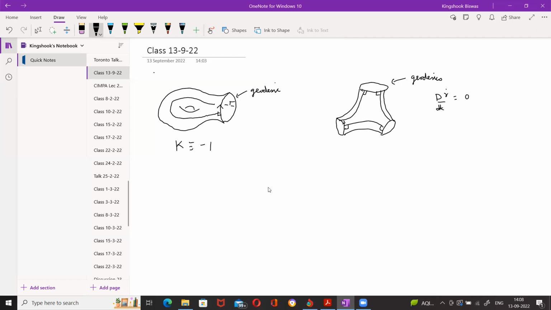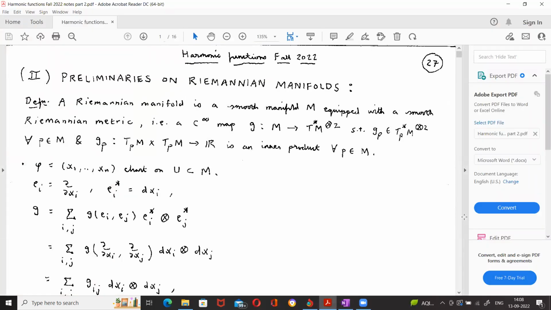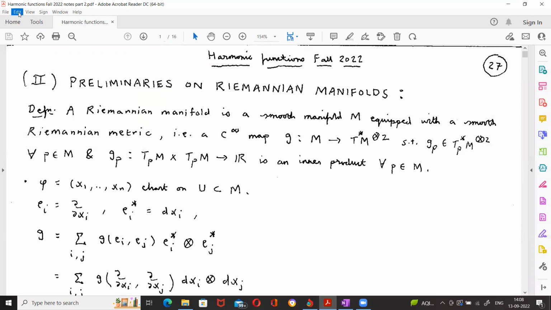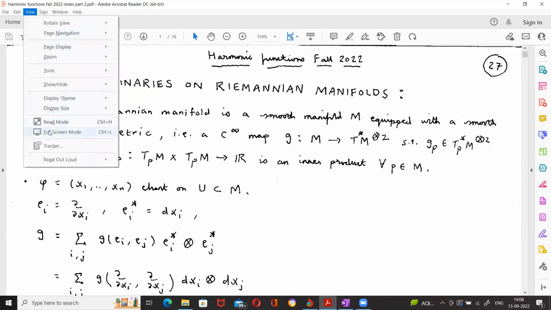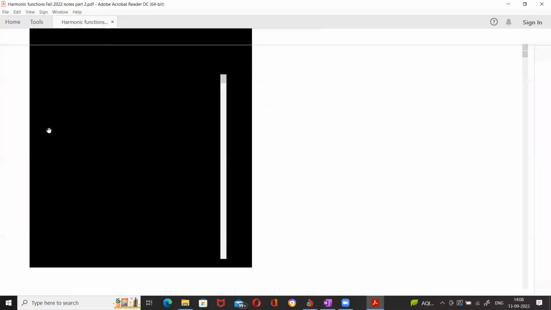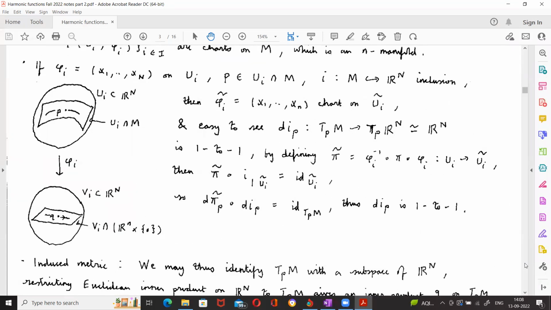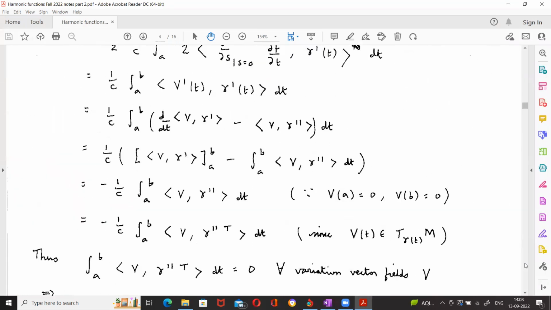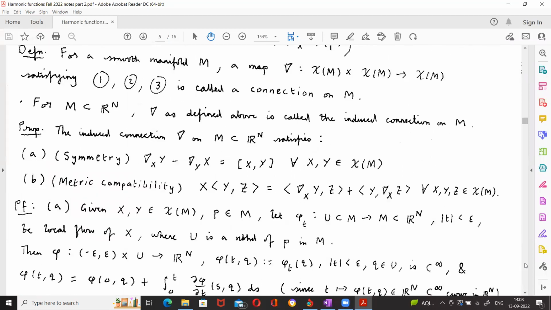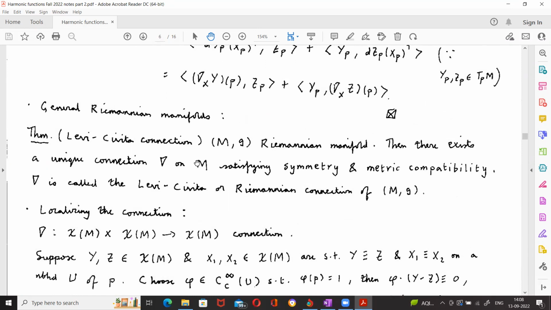Okay. So, right, we were talking about the Riemannian connection of a Riemannian manifold. So we saw, without proof, that on any Riemannian manifold there is a unique connection called the Levi-Civita connection, which satisfies symmetry and metric compatibility.